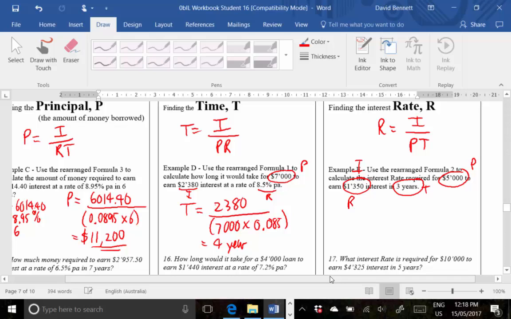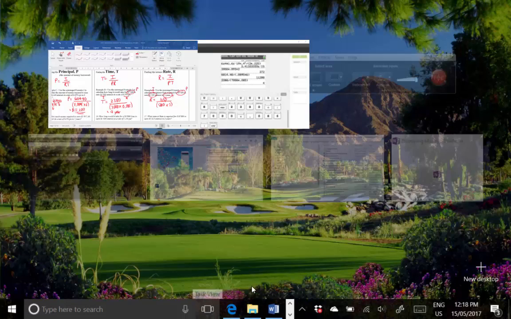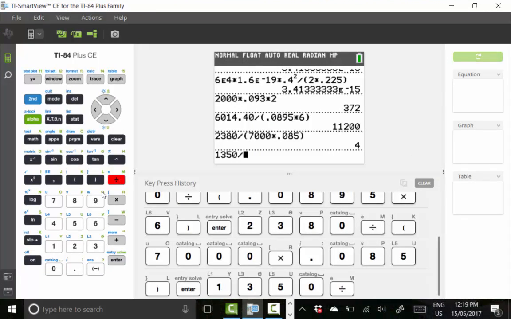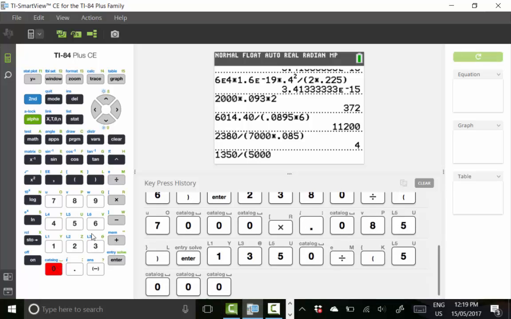So rate is equal to my interest, which is 1,350, all over my principal, which is 5,000, and we're multiplying that by 3. So calculator time. 1,350, divide that by bracket 5,000, and times that by 3.